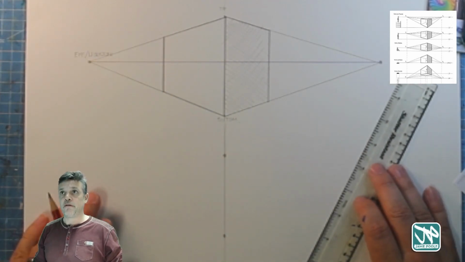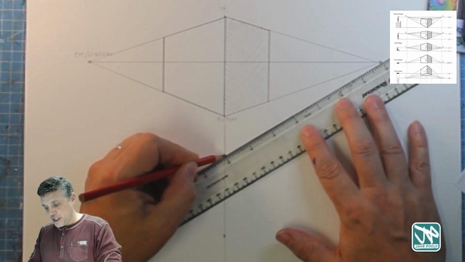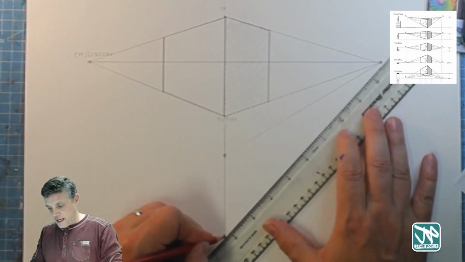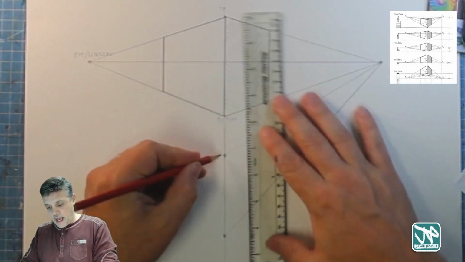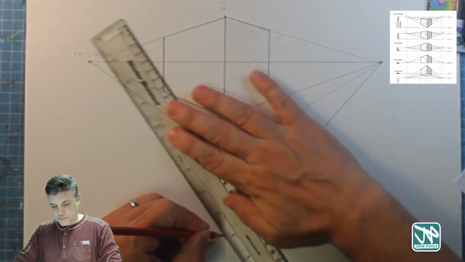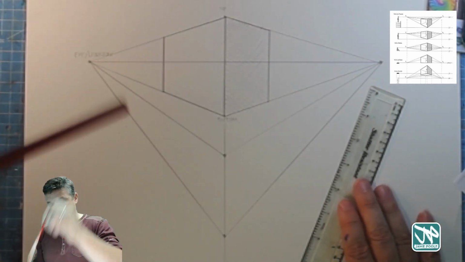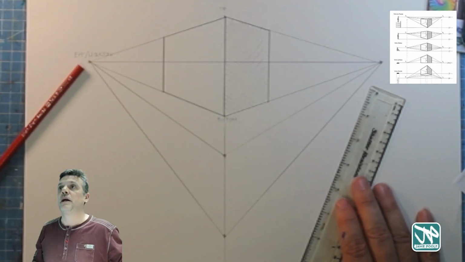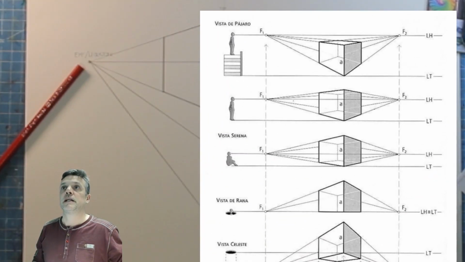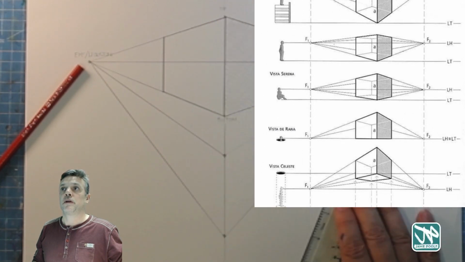Same as before, and then I'm going to join up to the vanishing point again. Okay, so now we're looking above. That'll be on the diagram sheet that we looked at. We're now on that platform just there, so we're looking above the box.